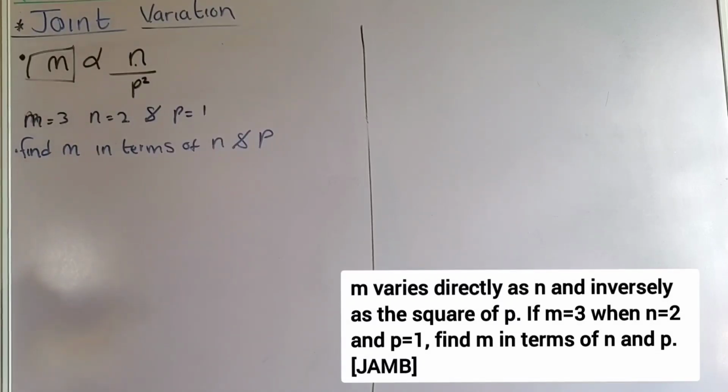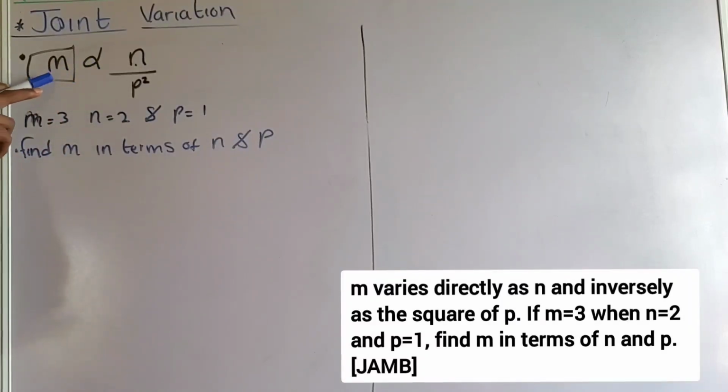Now we cannot do that without solving the question. Before we can find m in terms of n and p, we need to introduce our proportionality constant. If I want to introduce this proportionality constant, this variation sign will be changed to an equals sign.